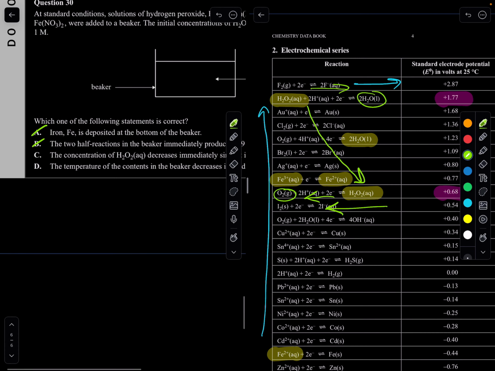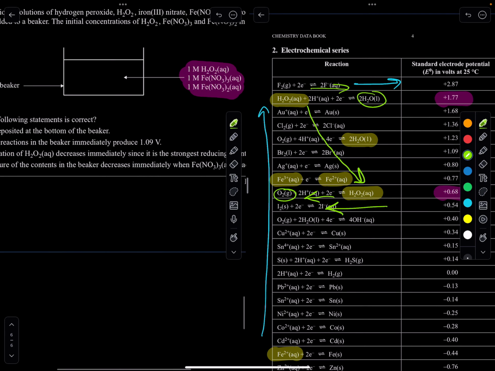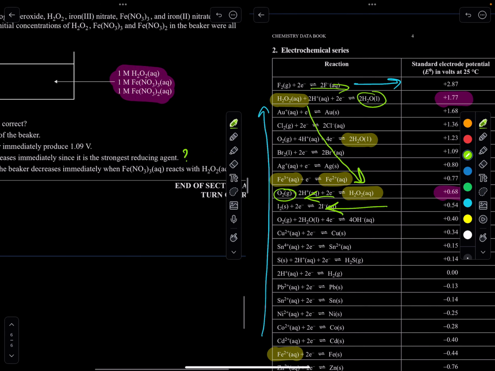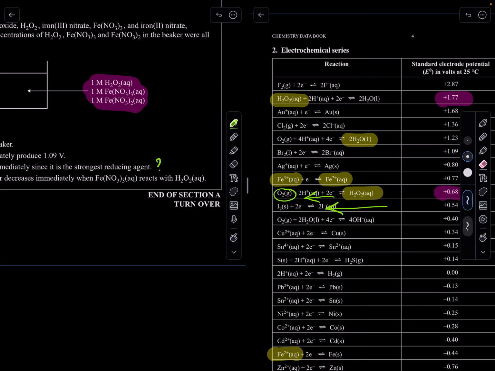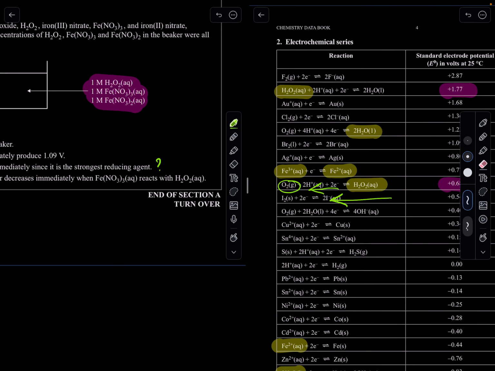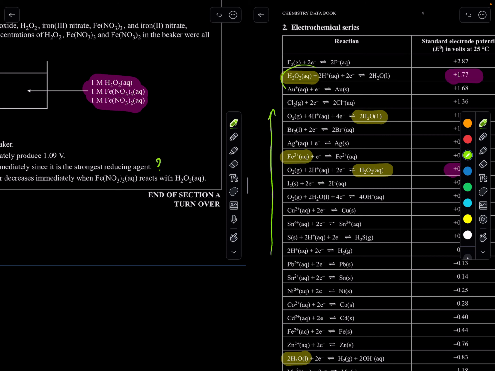The temperature of the contents in the beaker decreases immediately when Fe(NO3)3 reacts with H2O2. So wait, these two react. Let's think about it. Let's rub all these out. So H2O2 is still there, and all the water, and only Fe3+. So take these parts out. What's our strongest reducing agent? Still the same thing. And the strongest oxidizing agent?